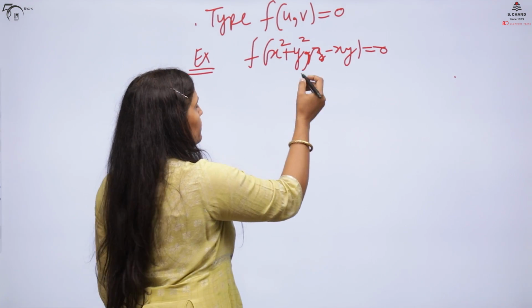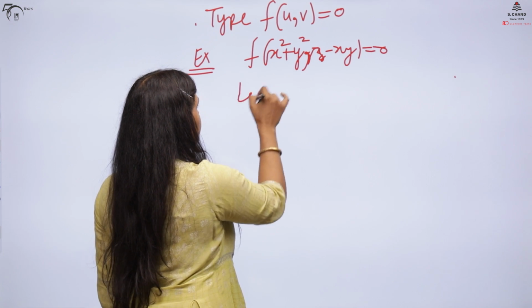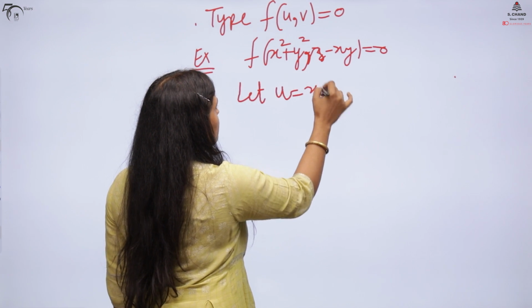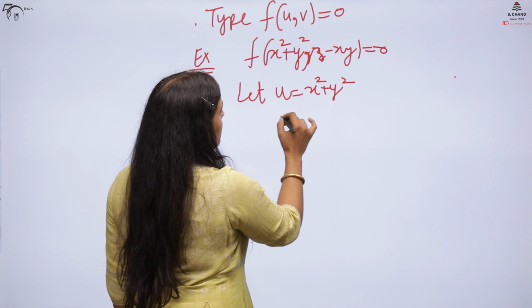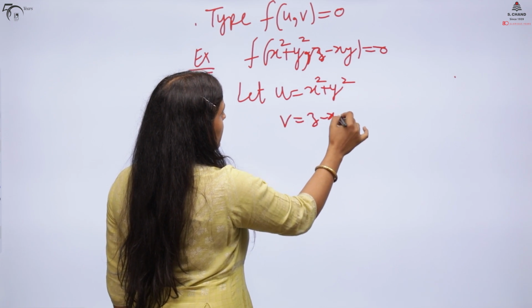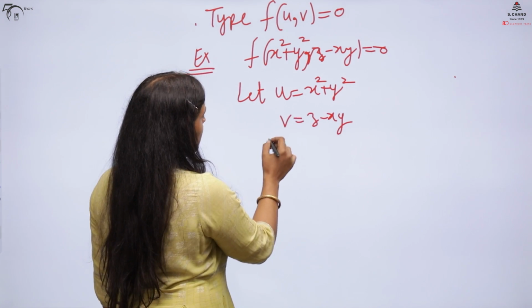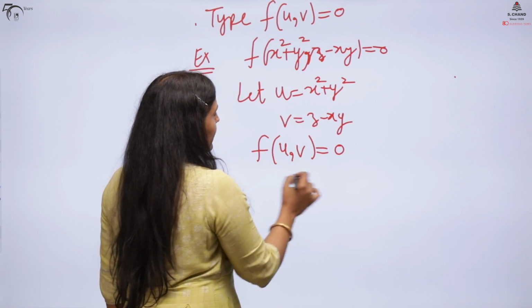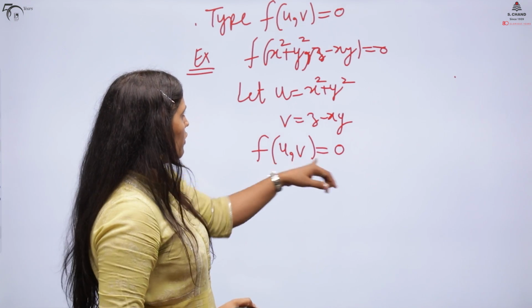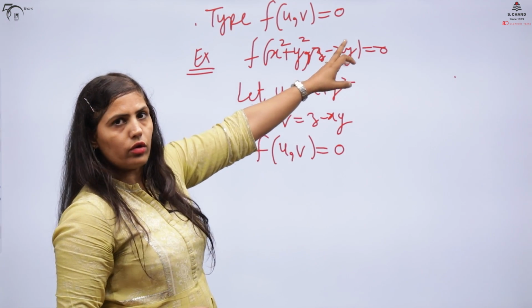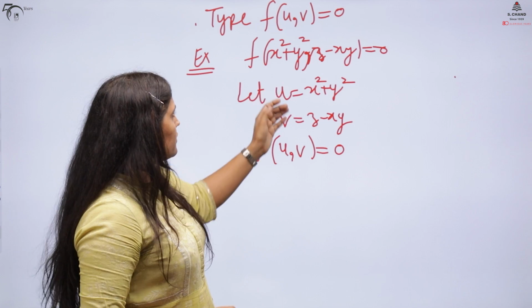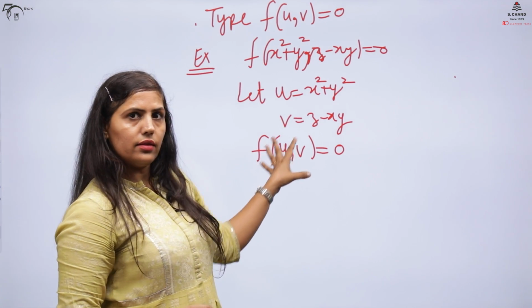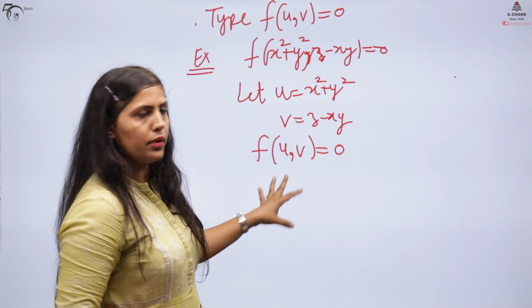First, let u be x square plus y square, and v be z minus xy. So your function will look like f of u comma v equal to 0. This is the form we are used to, and that is why I have considered u and v, so my equation looks simpler.